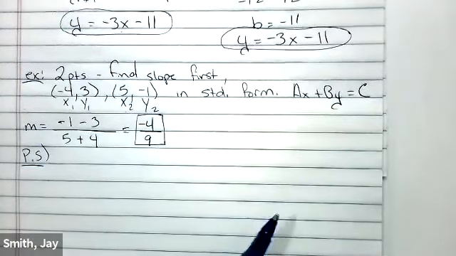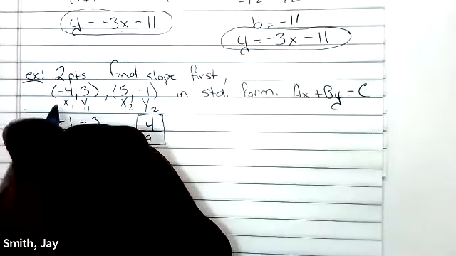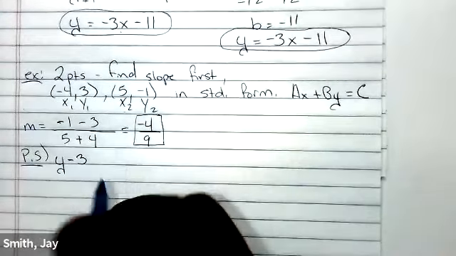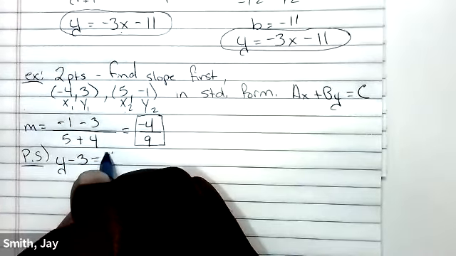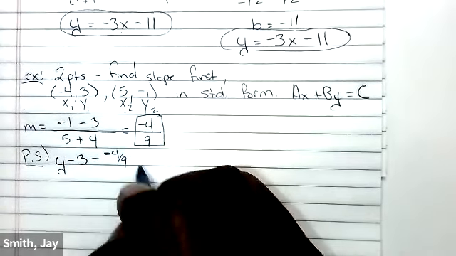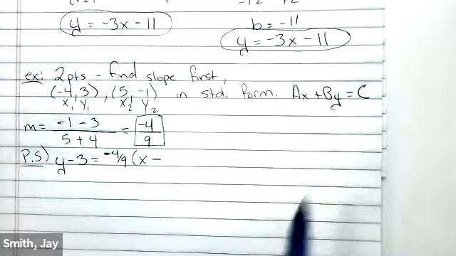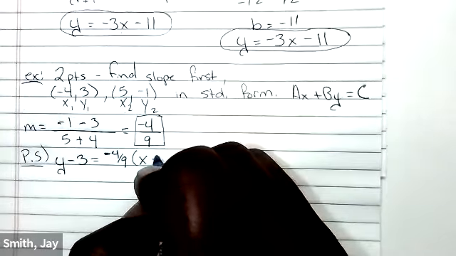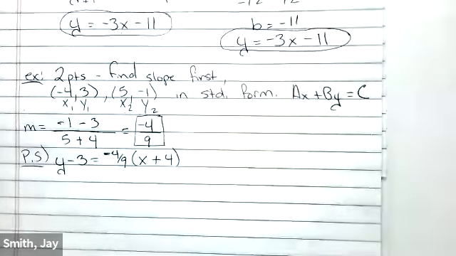So I'm going to do the point slope form first. So we'll have y minus y1, or y minus 3 in this case, is equal to my slope, negative 4/9 times x minus x1, or in this case, x minus a negative 4. So we subtract a negative, just like that.